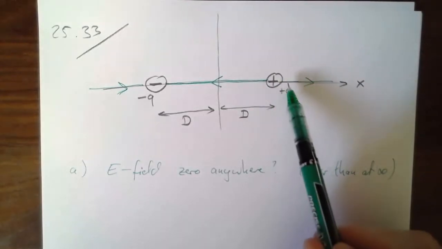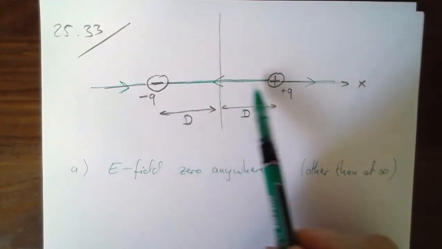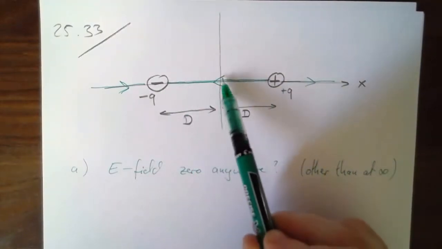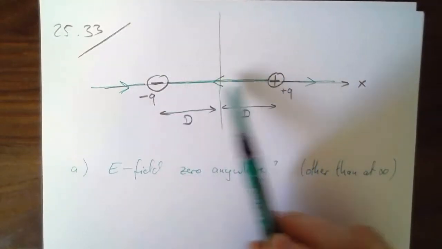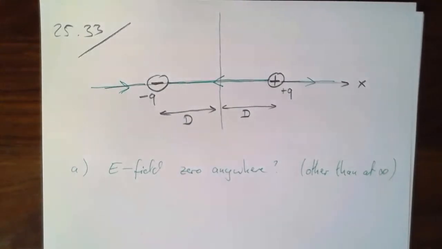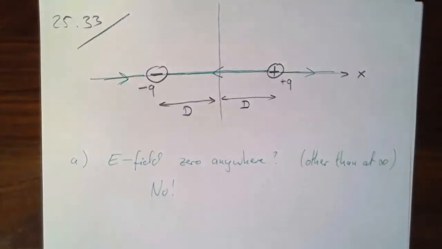They're never going to cancel out. And if you're anywhere in the middle, well, then the fields actually add up, right? Because if you were a little positive charge, you'd get attracted to the minus, repelled by the plus. It's like they work together. The answer is no. Electric field is 0 nowhere except at infinity.